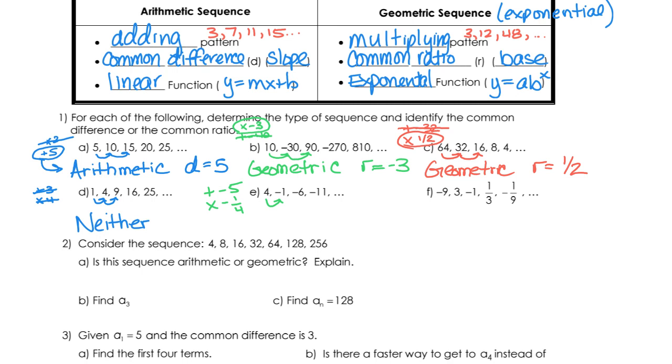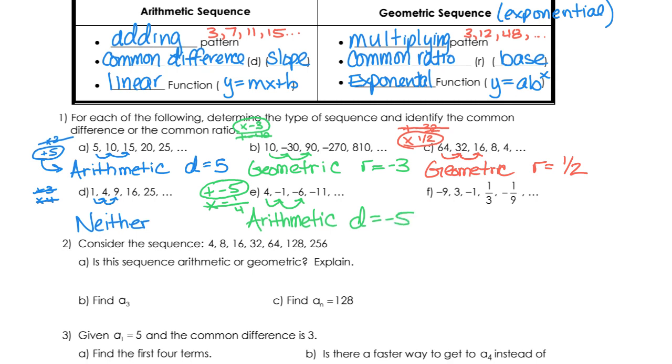So if I look at how I get here, negative 1 plus a negative 5 would get me a negative 6. This won't work. All right, and so I think we figured out that we're adding negative 5 all the way through. That will work. And because we're adding, this is arithmetic. Arithmetic has a common difference or a D value, which is what you're adding, which is negative 5.